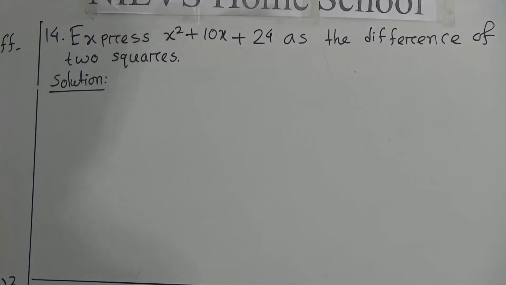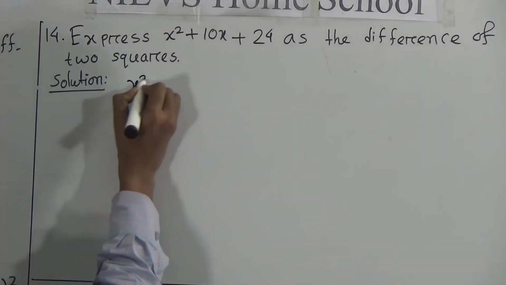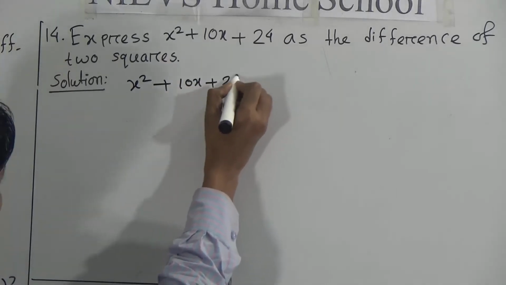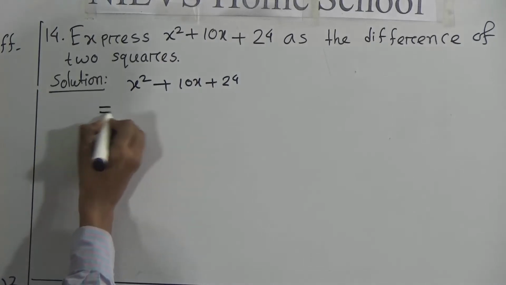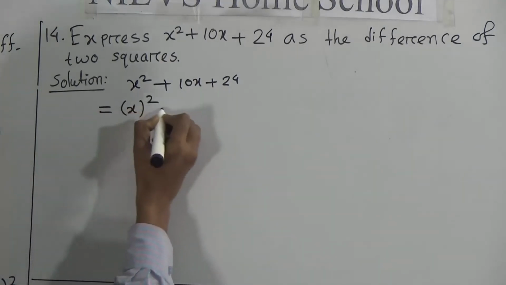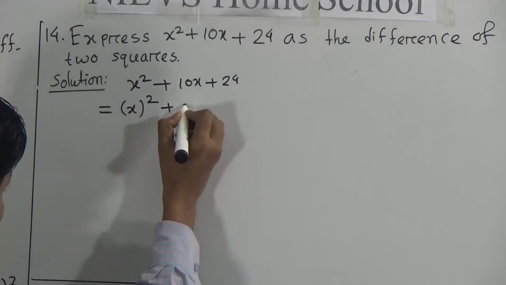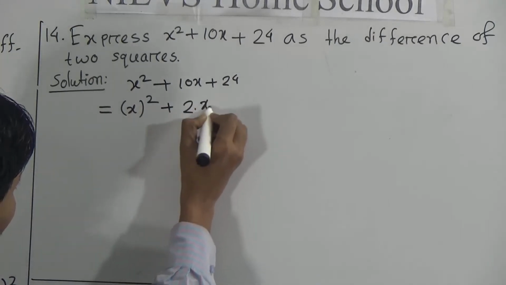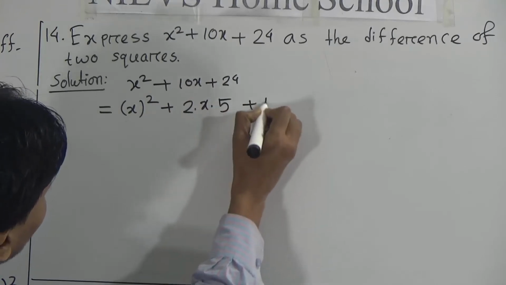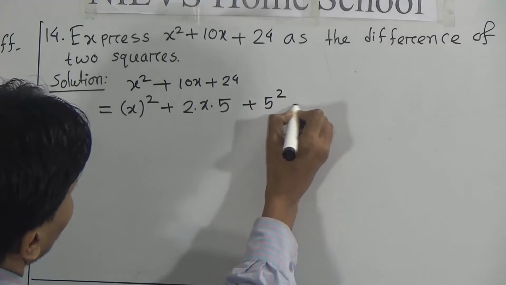Let us solve x square plus 10x plus 24. Student, notice carefully. x square plus 2 into x into 5 plus 5 whole square.